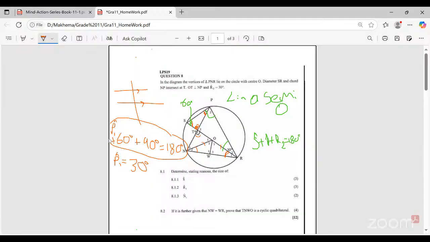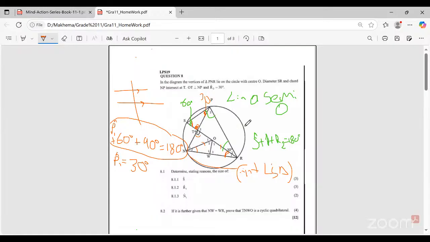What is the reason behind this? Sum of the interior angles of a triangle. Interior angles of a triangle. Okay, so we are saying this angle right here is 30 degrees. I think you are close.